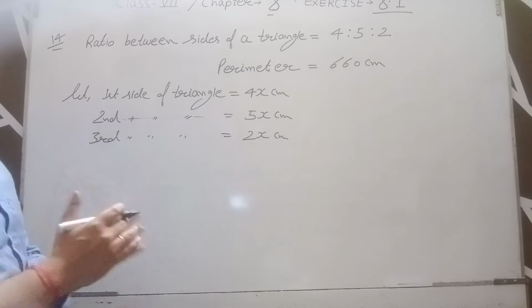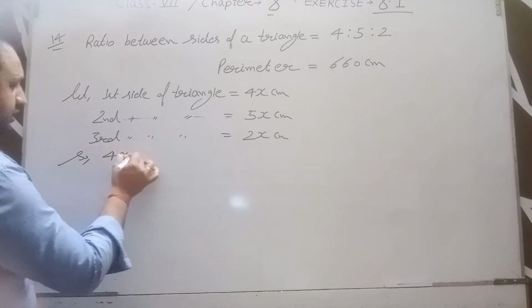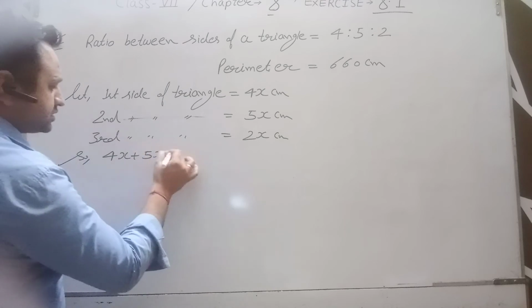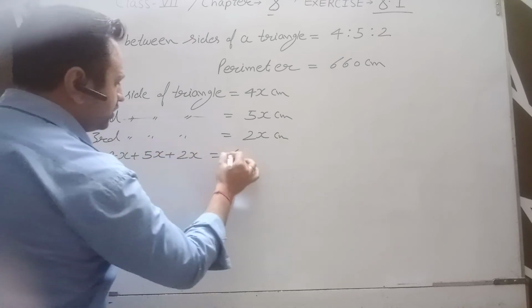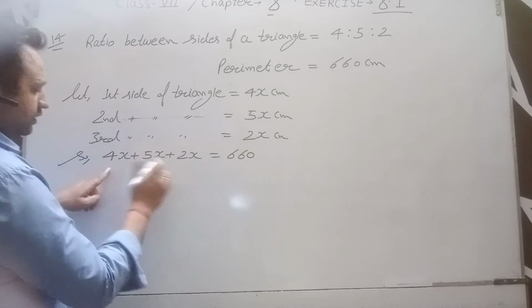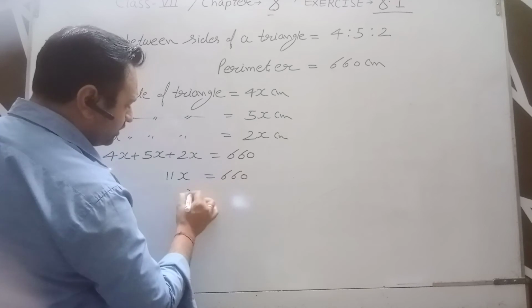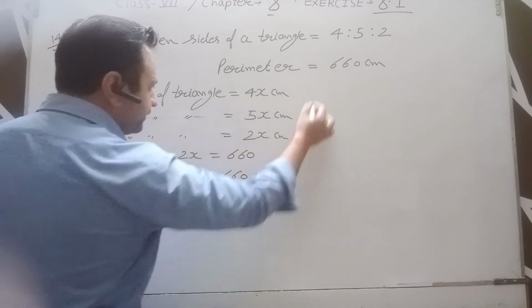Perimeter means sum of all three sides. So 4x plus 5x plus 2x is equal to 660. So it means 11x equal to 660. So x equal to 60.